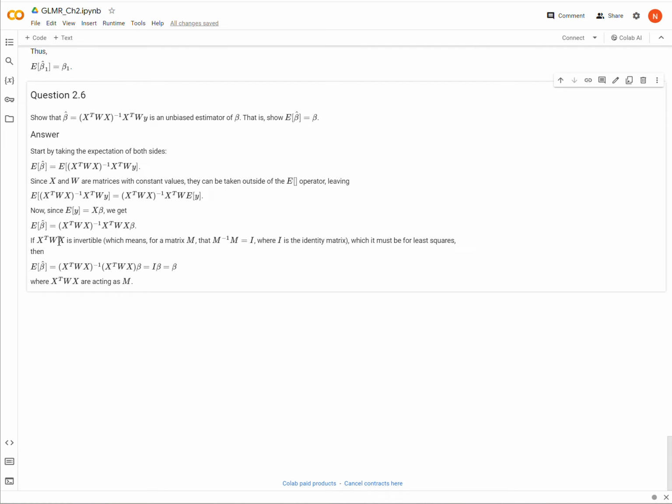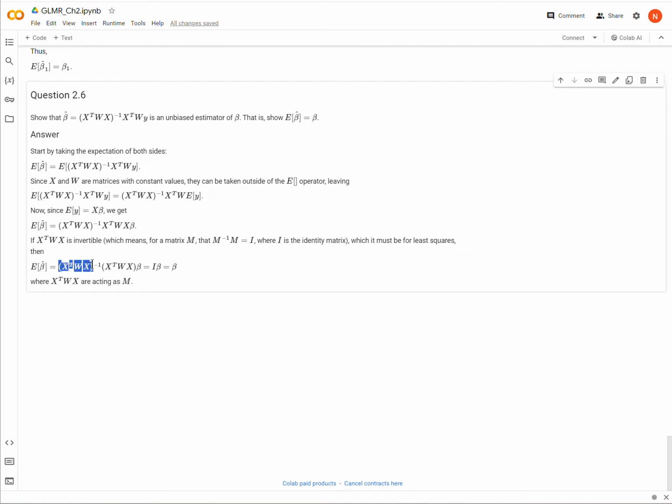Well, if I take this expression here, X transpose WX, this is just one matrix, right? Because I have a matrix times a matrix times a matrix, so I just get another matrix. And it turns out that this is guaranteed to be invertible.